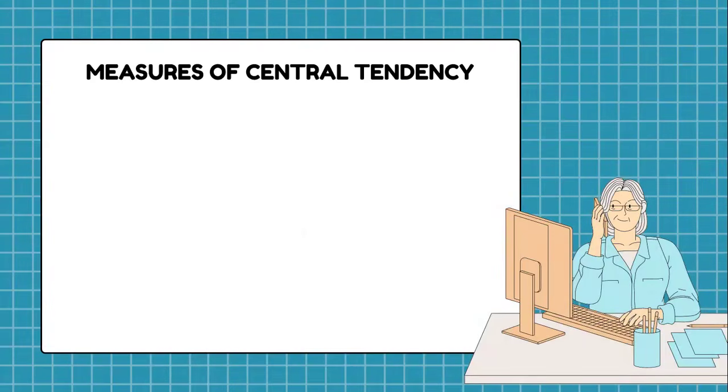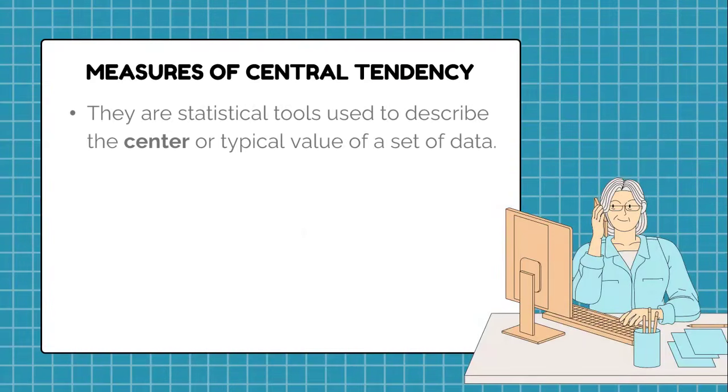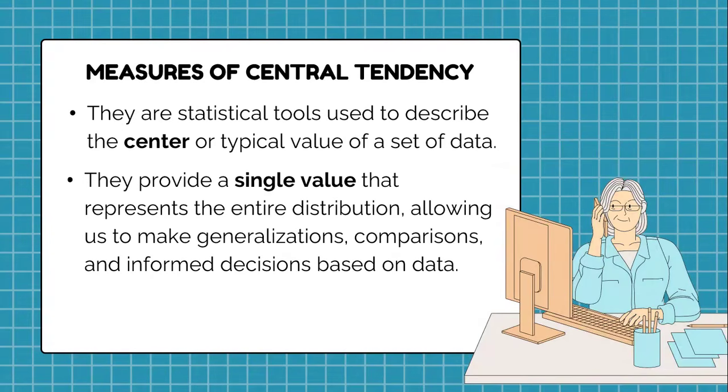So when we talk about the measures of central tendency, they are statistical tools used to describe the center or typical value of a set of data. And they provide us a single value that represents the entire distribution, allowing us to make generalizations, comparisons, and informed decisions based on data.